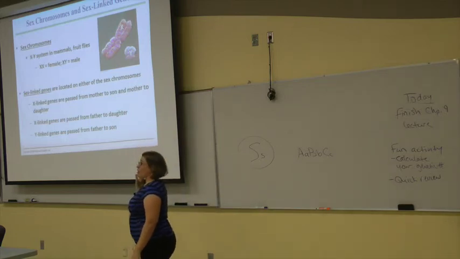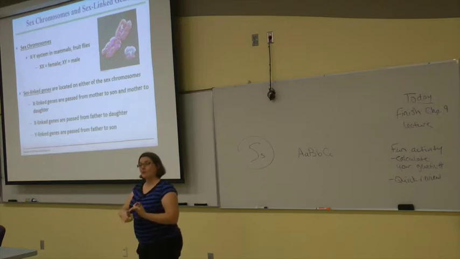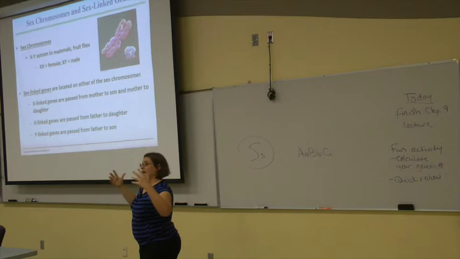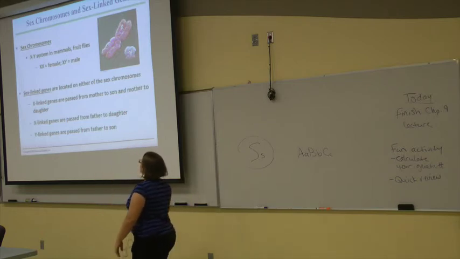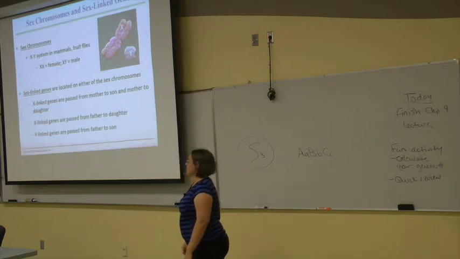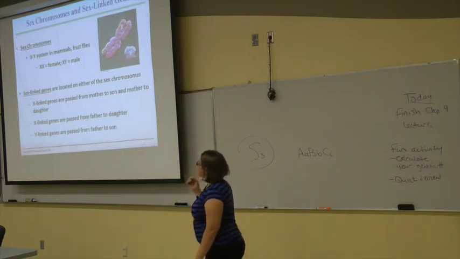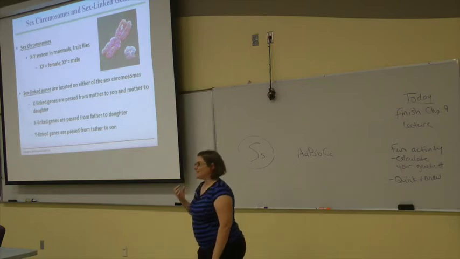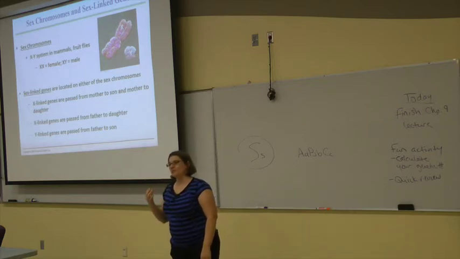They get one of each chromosome. They get the X chromosome from their mom, and they get the Y chromosome from their dad, and that's what made them a male. Okay? Females, in contrast, are XX. One X from mom, one X from dad. Now, some genes are linked to specific chromosomes.